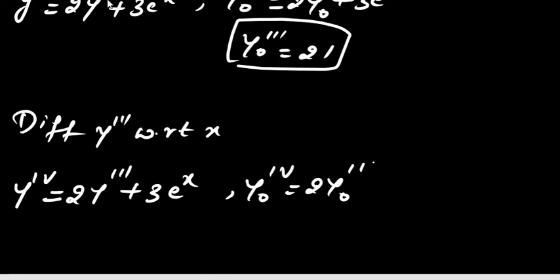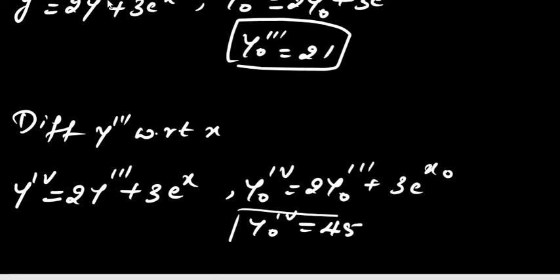All the values we have from the previous terms, substitute it. y triple dash is 21, so 21 into 2 plus e power x naught. x naught is 0, so it is 3. So 21 into 2 plus 3, totally we get 45. So the fourth derivative is 45.